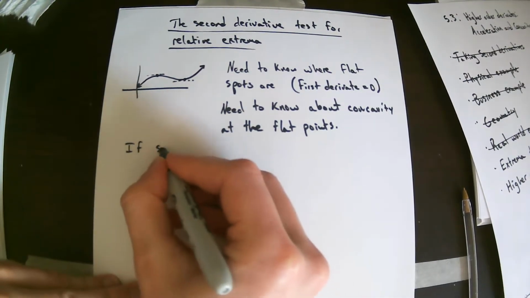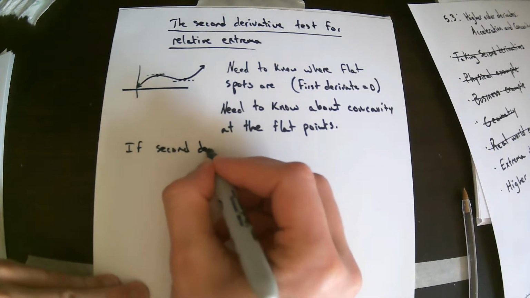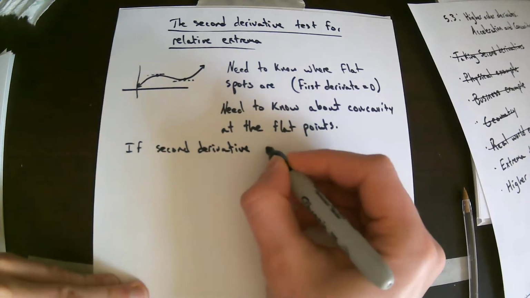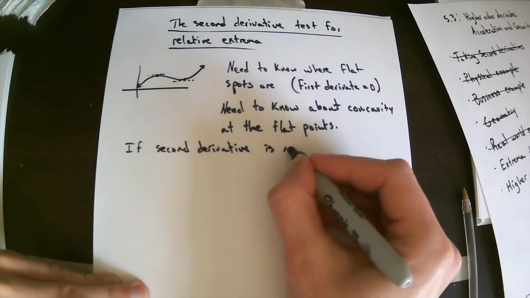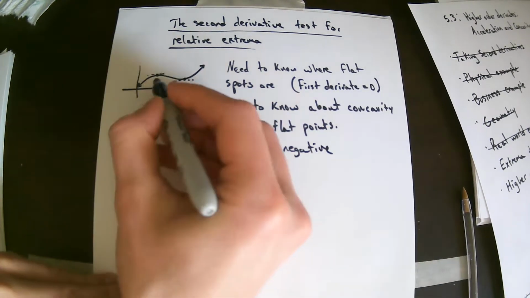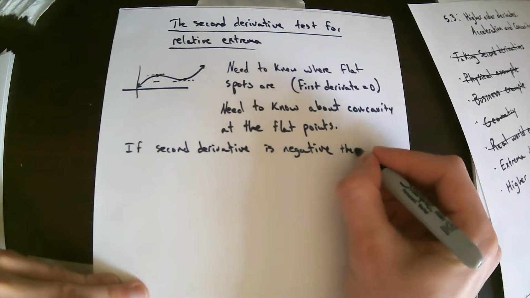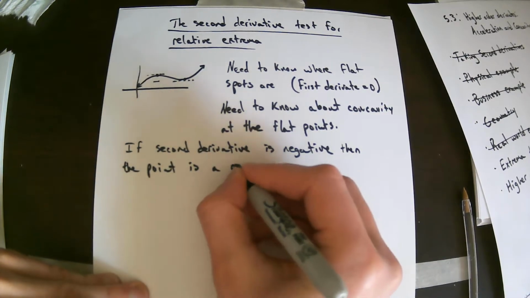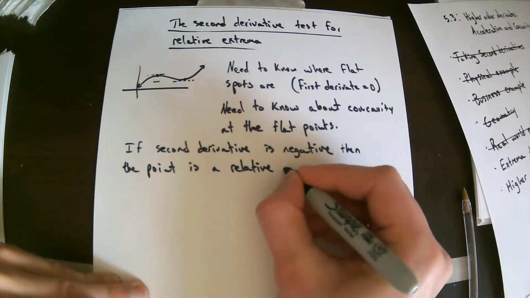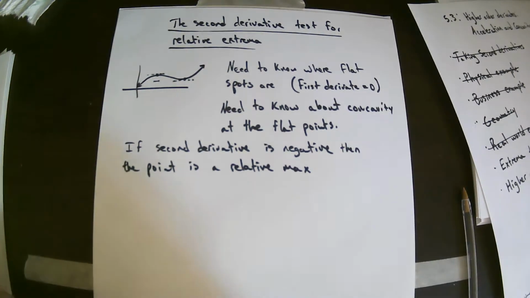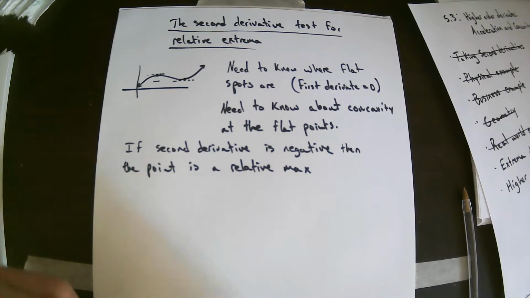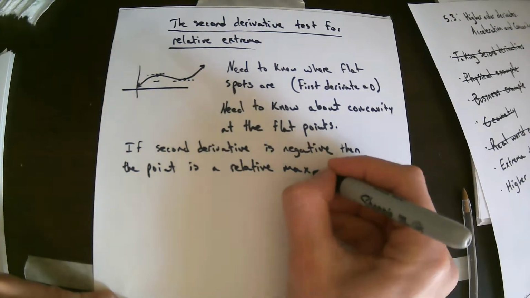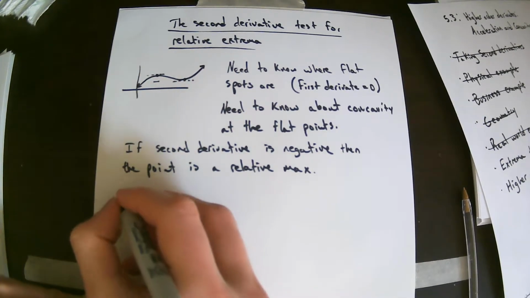If the second derivative is negative, like it would be here, then the point is a relative max. It could be an absolute max. That just depends on the graph itself, like the behavior of the graph. But it's definitely going to be at least a relative max.